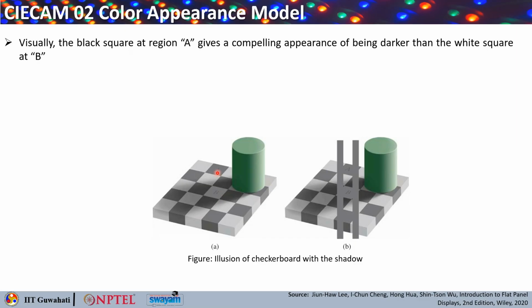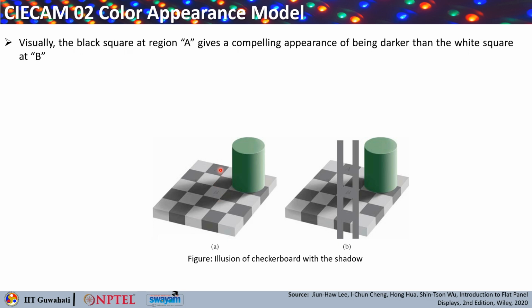Now what is happening, you are looking at this point A and B, these two boxes. Visually you can see that the A region is a black square, and the B region is a bright square, and the appearance of A is significantly darker than the white square, right.